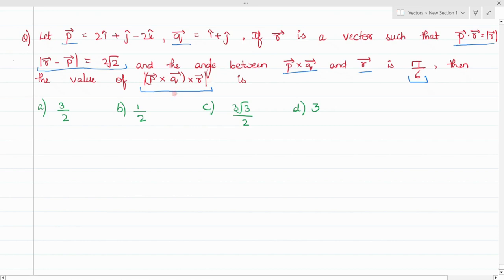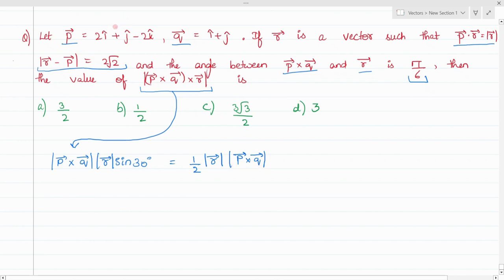Using the formula, we can write this as magnitude of P cross Q into magnitude of R into sine of the angle pi by 6, that is sine 30. It becomes half of magnitude of R and magnitude of P cross Q.